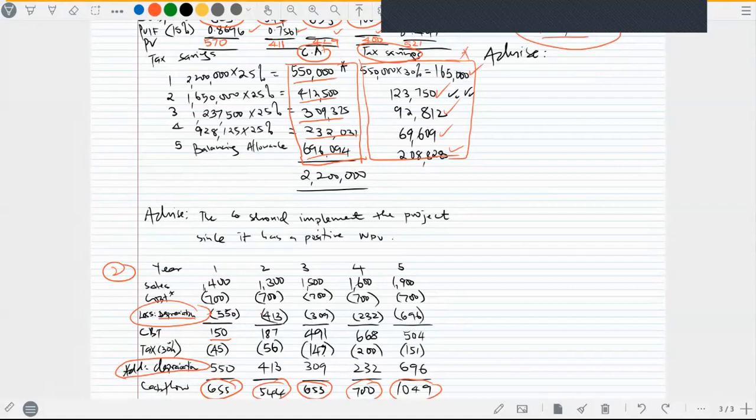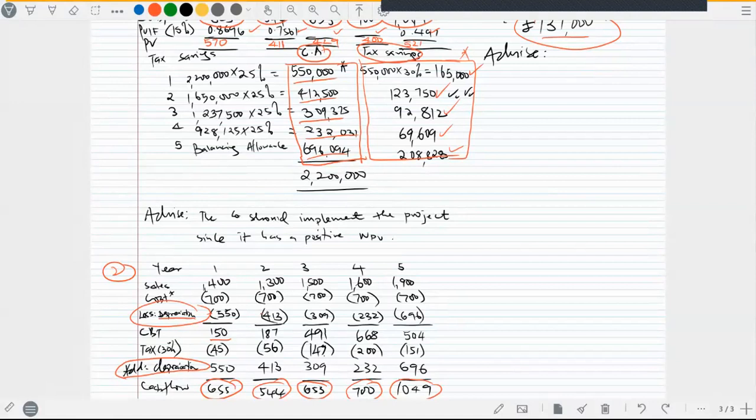Let me see if there's a simpler question, because that one will take you to the deep end. Replacement. I think this is a good one. Yeah, I think this is not a bad one.